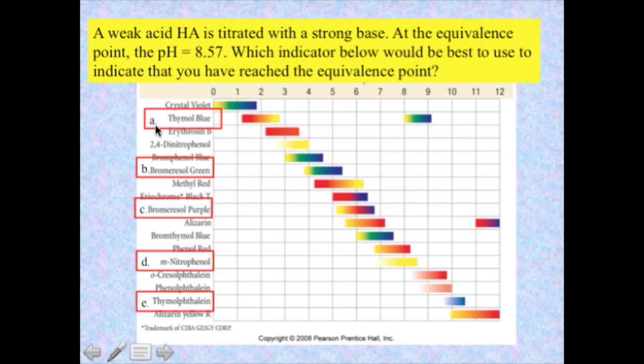And your 5 choices are thymol blue, brom cresol green, brom cresol purple, metanitrophenol, and thymolphthalene. So which one would you choose?